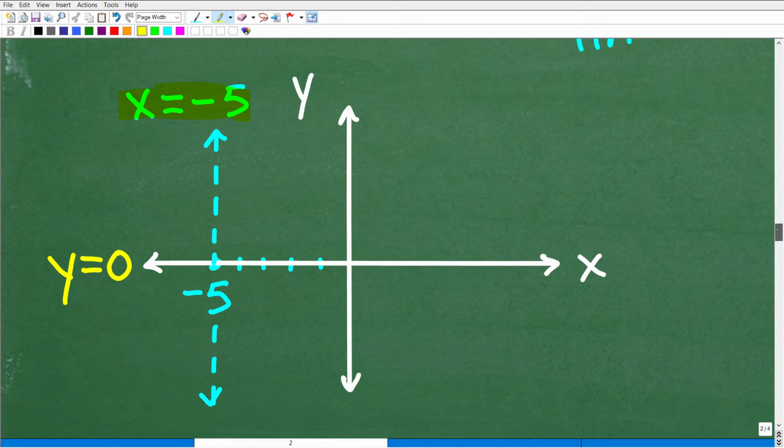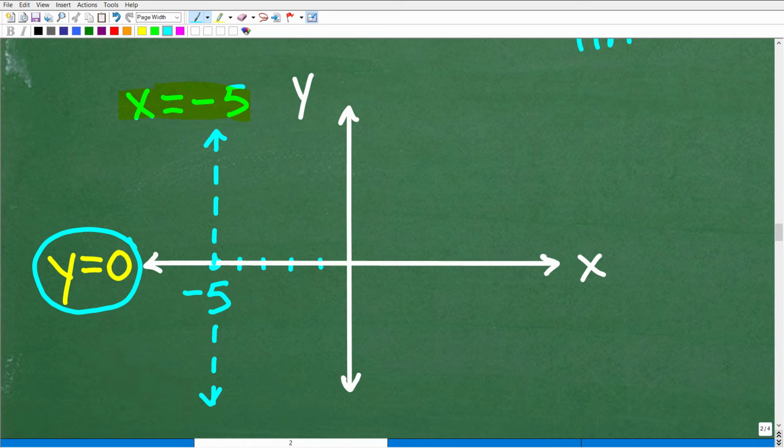So let's go ahead and just plot out a basic x, y chart here. And the x-axis is also acting as a horizontal asymptote, y equal to 0. And then x is equal to -5 is a vertical line that goes through -5 on the x-axis.